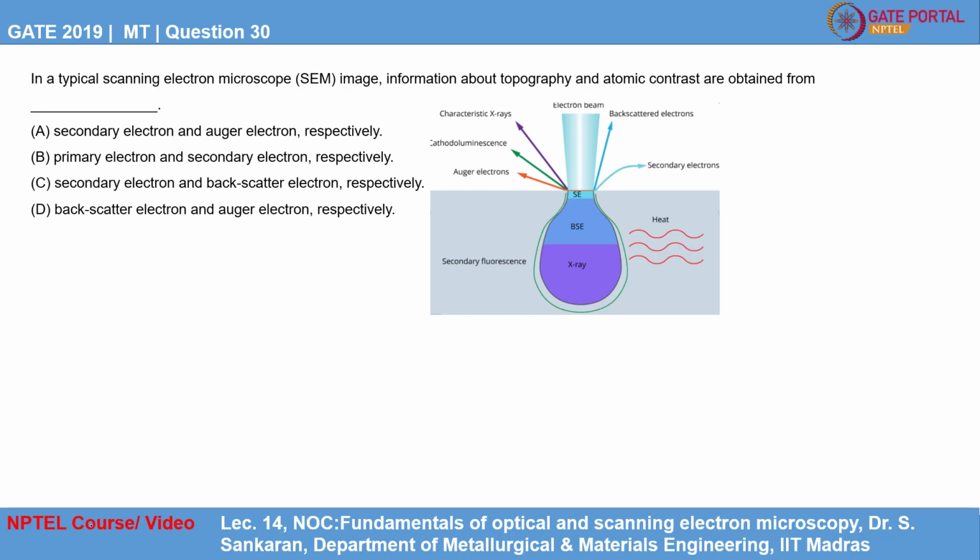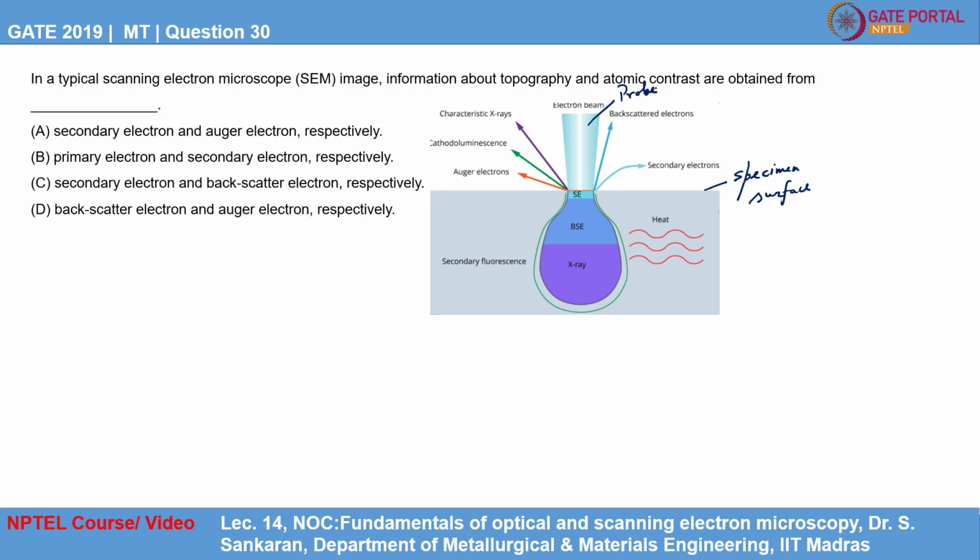Now, as shown in the figure, the interaction between the electrons and the specimen atoms occurs within a certain volume under the specimen surface. Okay. This zone is usually described as pear-shaped, and its size increases with the energy of incident electrons in the probe. Okay. So this is the electron probe.